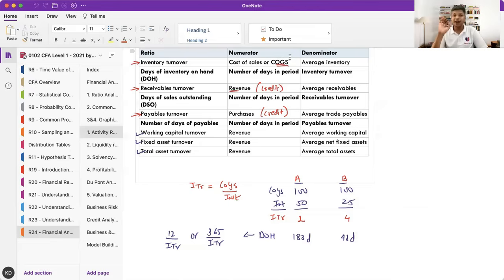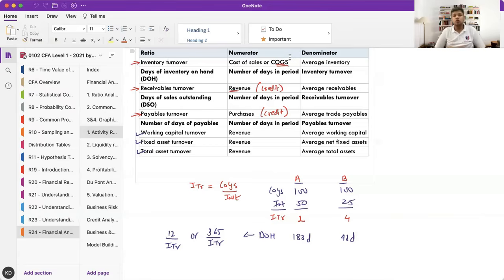Okay. Now, I will give you a question and you have to answer me. If you see that the company's payable turnover ratio is very low, which means the number of days of payables is high, correct? And now compare that with receivables turnover.